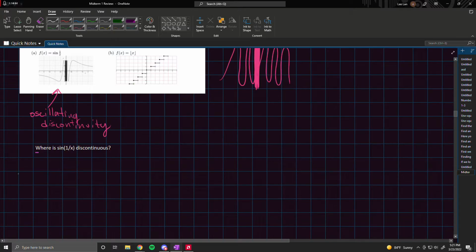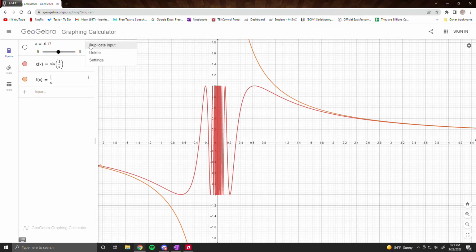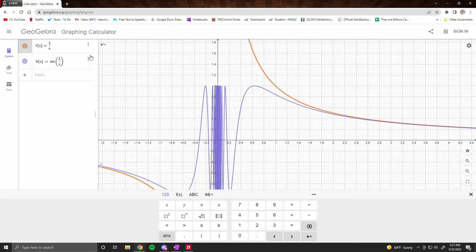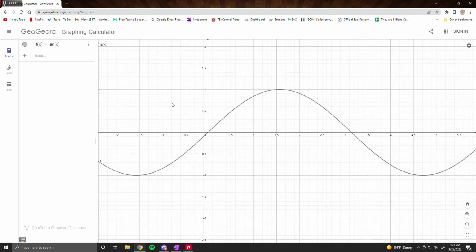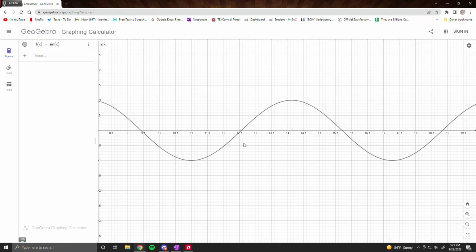And so, like, sine of x, right? We look at that. Sine of x has no issues. It's defined everywhere.